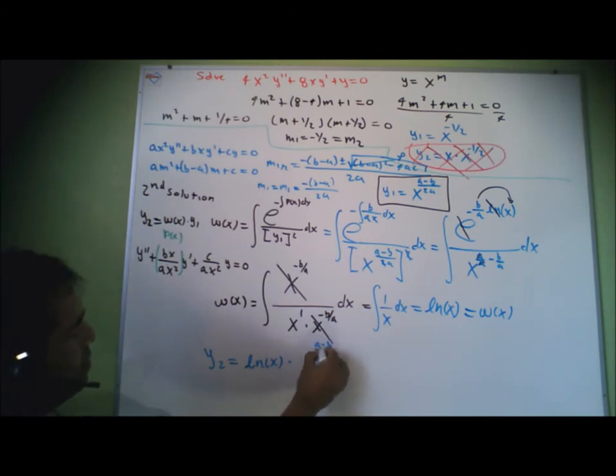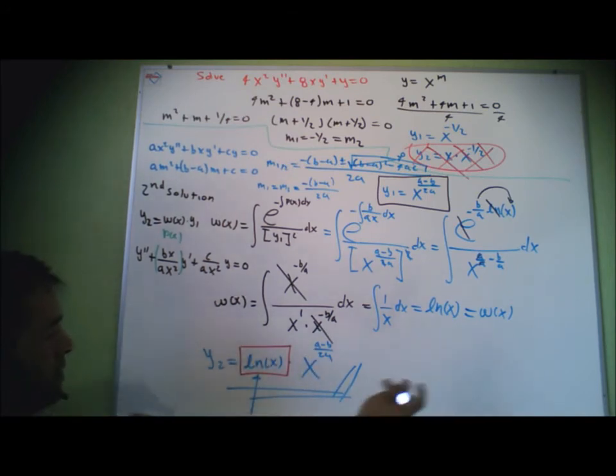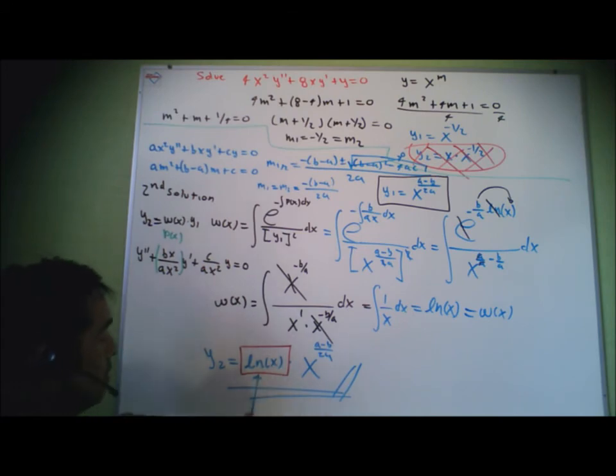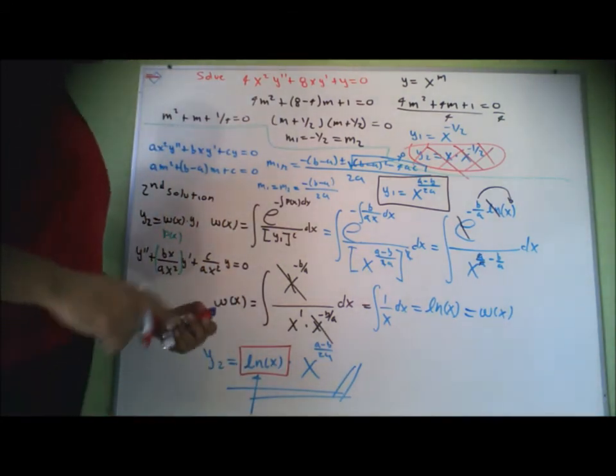So engineers, the fix is multiply a natural logarithm of x. So in the previous method, the fix was just to multiply an x. So now in this case, the second solution is the natural logarithm of x.